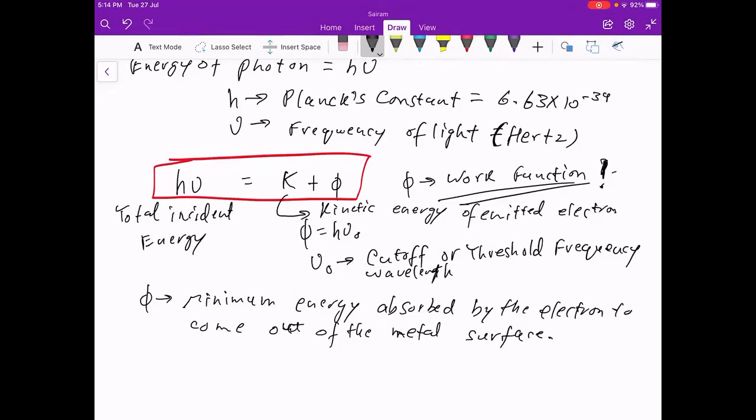For example, if some people live independently, they have to spend some minimum amount of money on electricity, rent, etc. Similarly, for the electron also, it doesn't go out just like that.